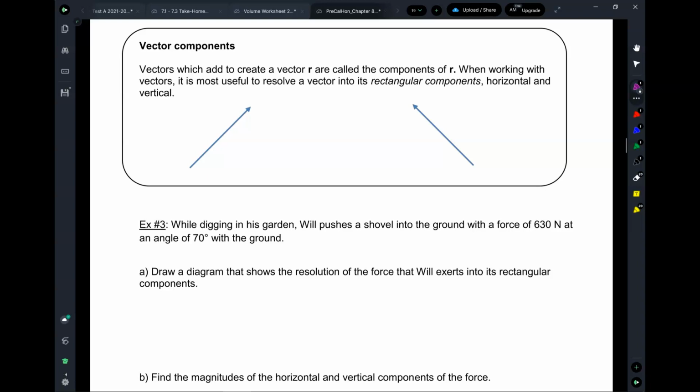How many other options are there? Infinitely many, like here and here. So I can draw a whole bunch of different ones. However, there is one situation that's the most convenient for us to work with. Those are called the rectangular components.